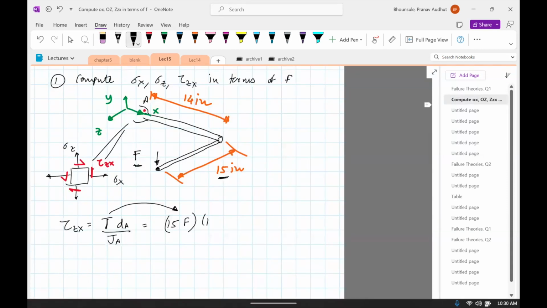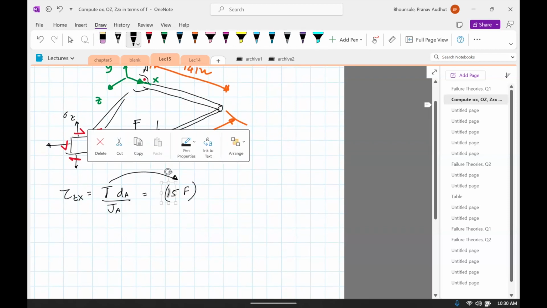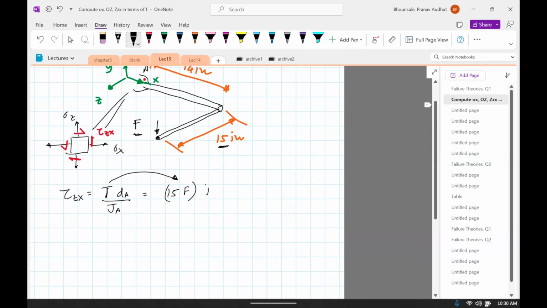So the polar moment of inertia is pi d to the 4 divided by 32. You know what?